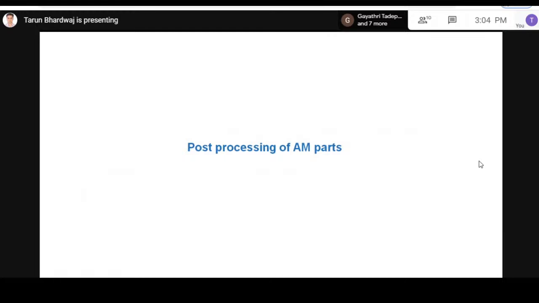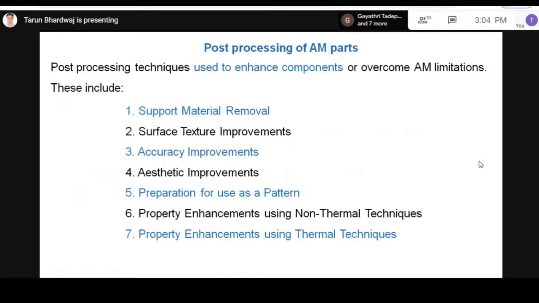And I will just talk about the post processing of the AM parts. The first post processing we require, to enhance the component properties, is support material removal, and it is a point of concern how to remove that support material.